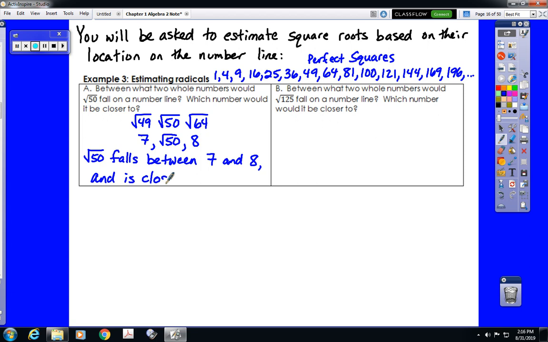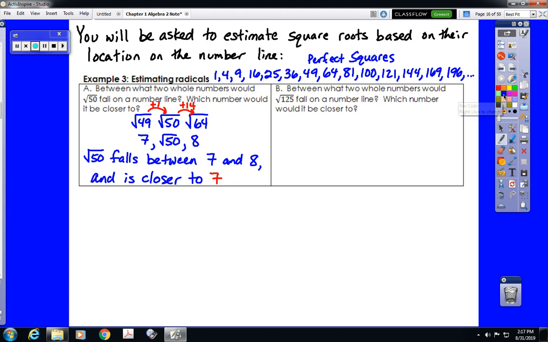We can also tell which number it is closer to by looking at the difference between the numbers underneath the square roots. See how this is a difference of 1 and this is a difference of 14? That means we are closer to 7 than we are to 8.